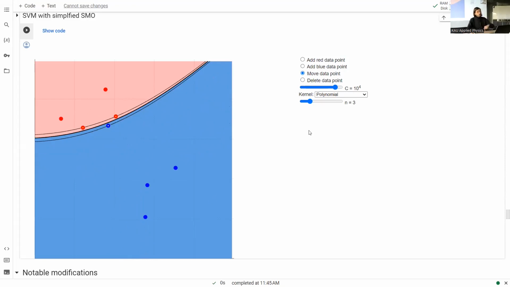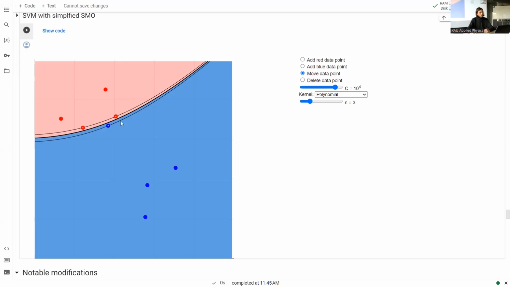You are recalling that this C is connected to that sort of regularization. It is strong enough now to require all the slack to be equal to 0, which means that I do not allow points to cross my boundary or to get too close to that boundary. And you see what my classification result looks like.